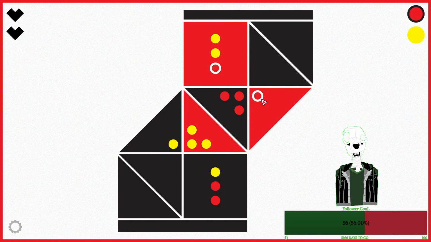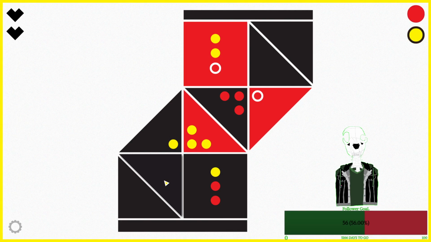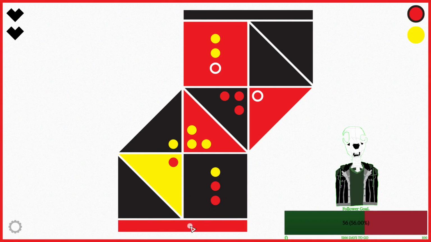Is there anything that tells us anything? This is touching a red, so we know that of these three, one is red and one is yellow. This is touching yellow, so this has to be yellow. So that both of these still work. Which means we have a yellow and a red, so we know that this one is red.